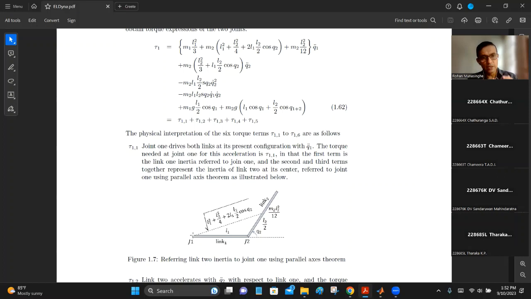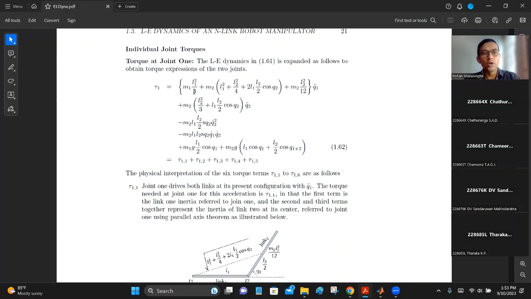Joint 1 is a point where you generate the torque. Not the inertia at the center of gravity, but when you transfer it using the parallel axis theorem to the joint, it is m1 L1 square over 3. This first term times theta 1 double dot. Of course you understand this one. Inertia times angular acceleration is the torque.